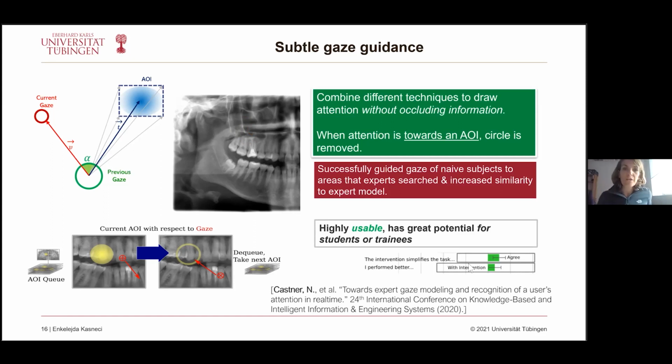I think we had more than 20 subjects with whom we tried out this way of subtle gaze guidance, and they all reported that they found the tool to be highly usable, meaning that it also has great potential for students and trainees. We are thinking of ways of implementing this kind of tutoring system for medical studies as well.